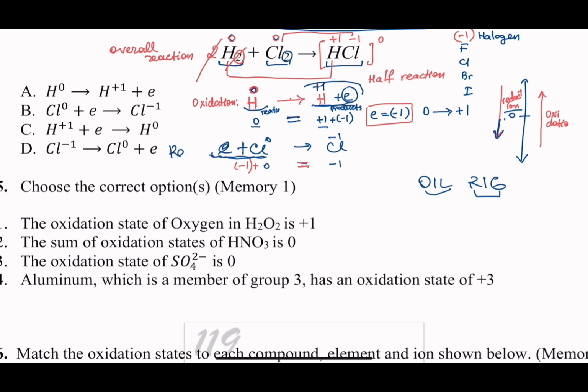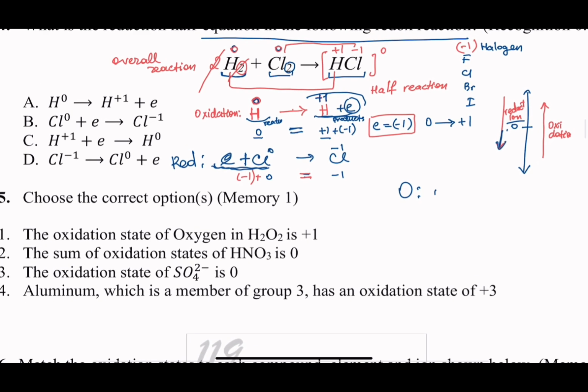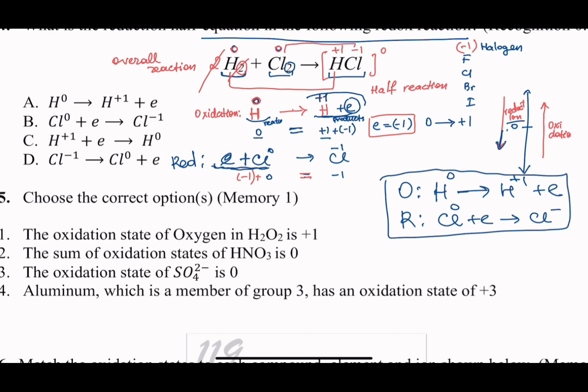So that's why this is the reduction half reaction. As you guys can see, I derived two equations. So let me write them clearly for you. Oxidation half reaction is hydrogen going on this side, 0, and then plus 1, add 1 electron, and reduction is chlorine 0 plus 1 electron is chlorine minus. Okay, these are two half reactions.